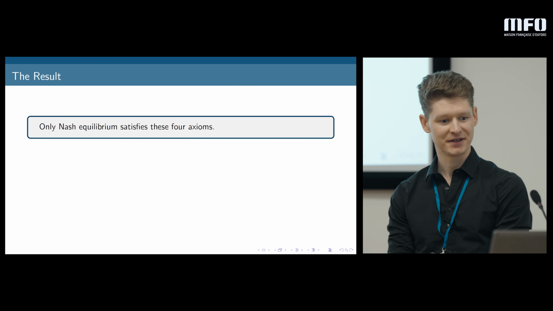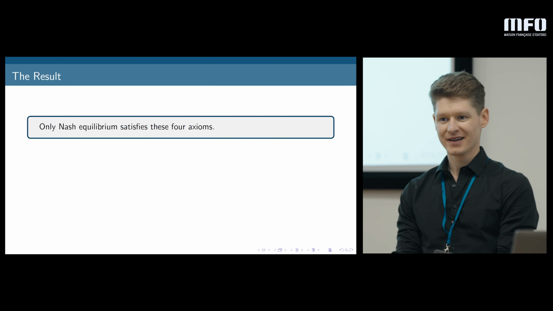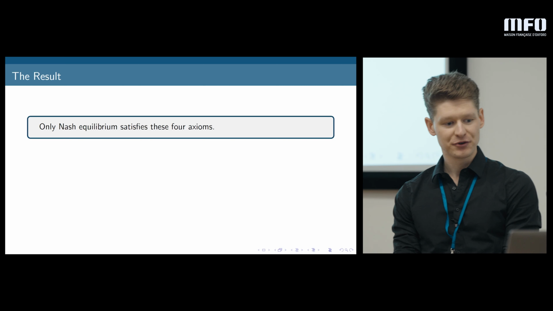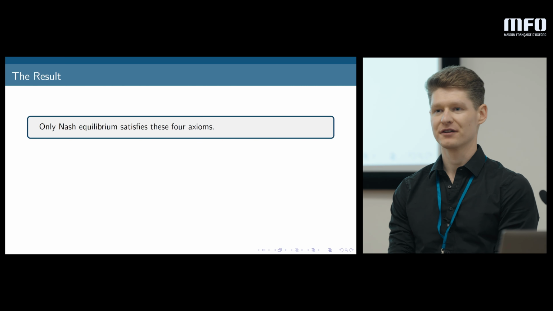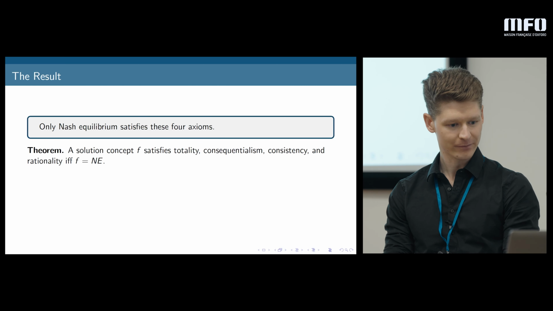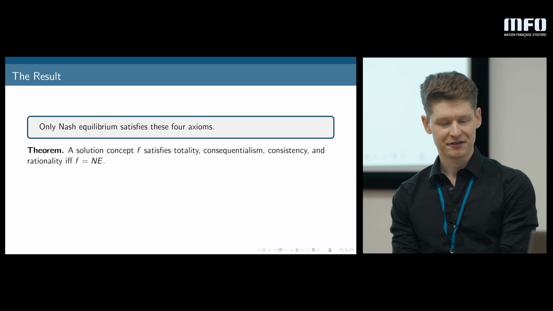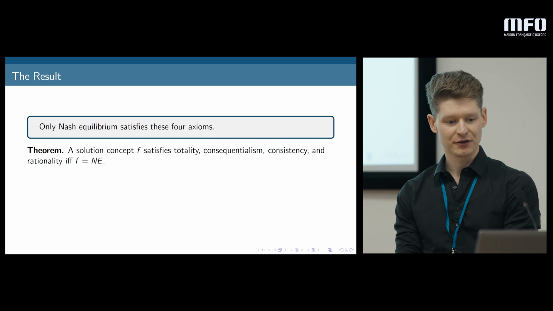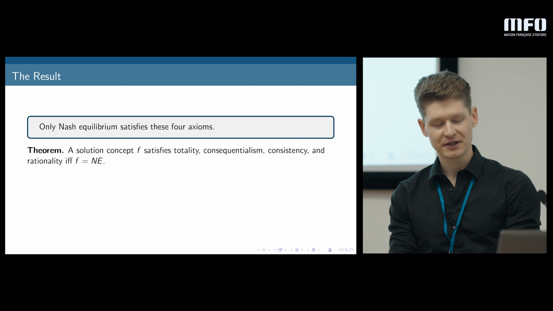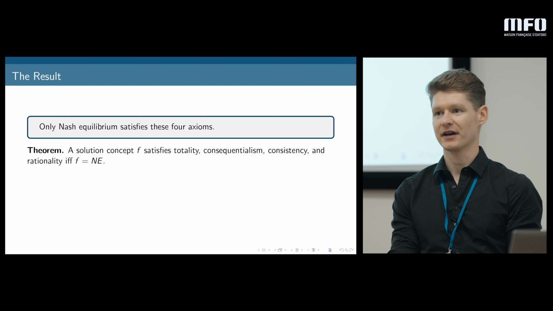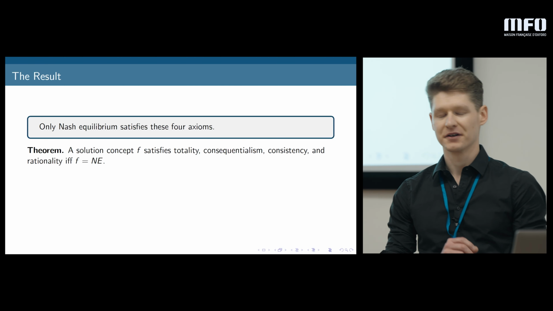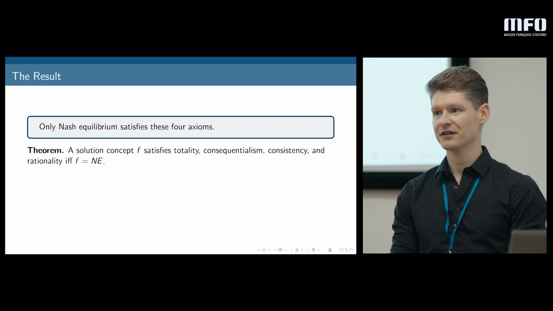Okay, so let me move on. The result is that the unique solution concept satisfying these axioms is Nash equilibrium, and it's an exact characterization. The first statement is that Nash equilibrium satisfies all these axioms. Nash showed that Nash equilibria always exist.